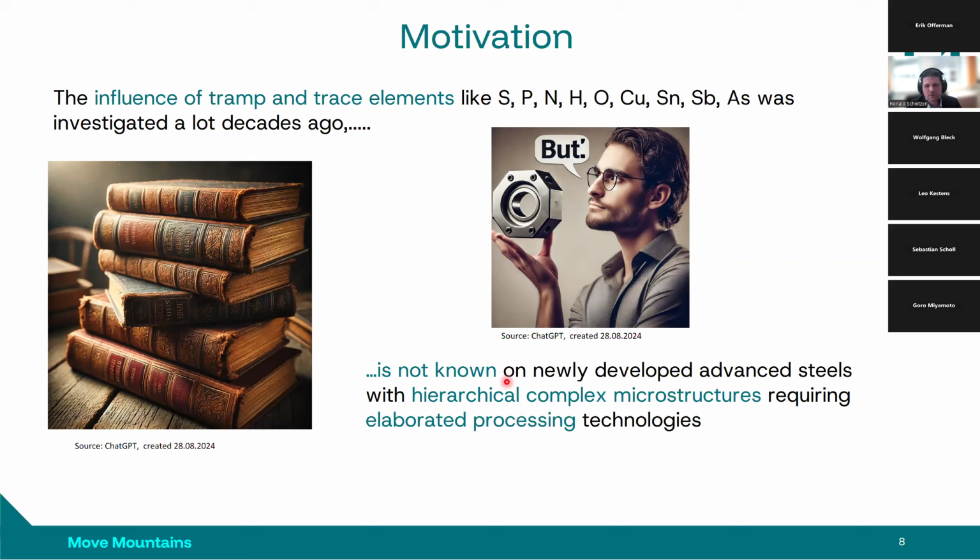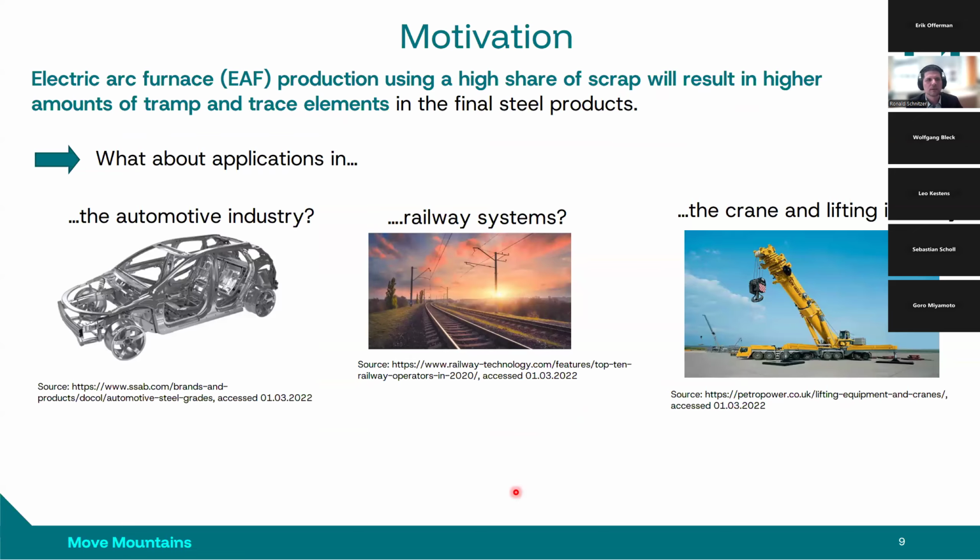So the fabrication and the development of steels within the last decades have been done on very pure steel grades with very low content of these alloying elements. And now the big question is, when these tramp elements are increased by using higher scrap rates, then what about demanding applications for the automotive industry, for example, railway systems, or for the crane and lifting industry?